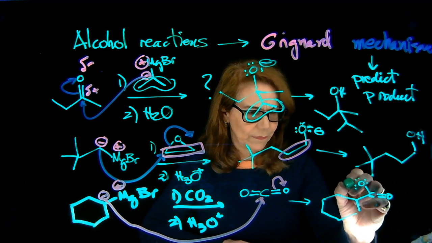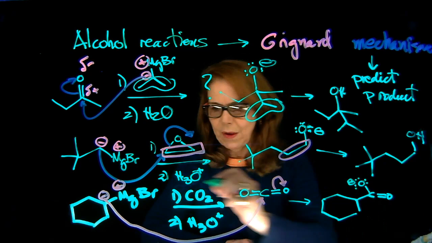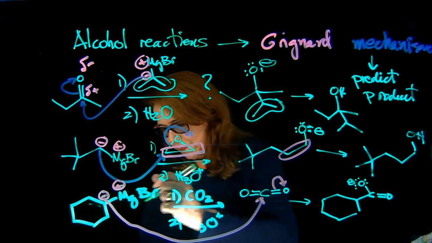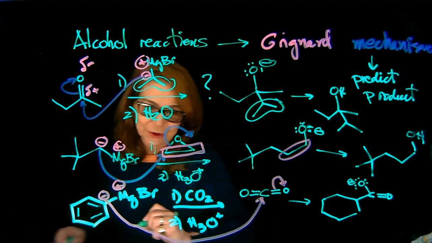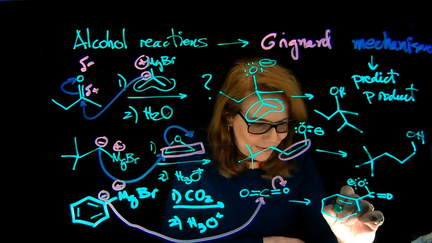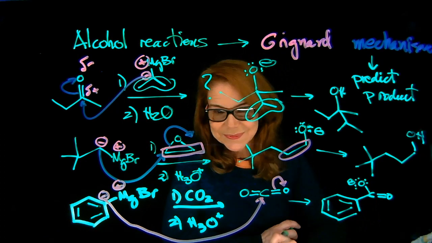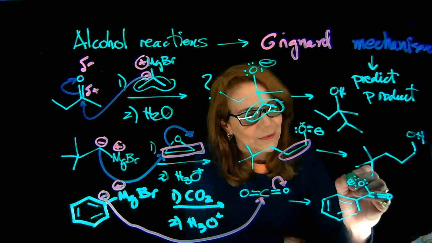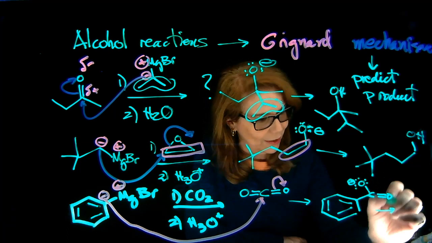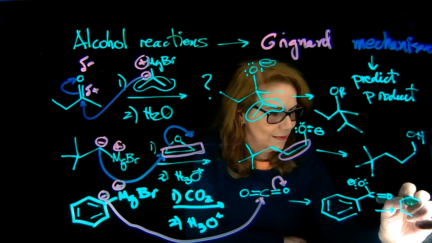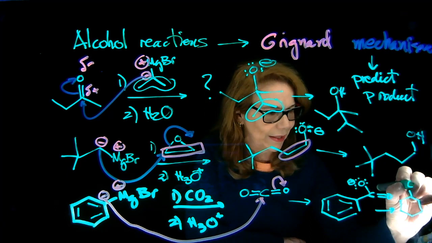Oh, I forgot, very important, that if this is phenyl magnesium bromide, I need to have all these bonds, right? Otherwise, it was cyclohexyl. Okay, so this is a carboxylate. And after you add the hydrogen there, you have synthesized benzoic acid.